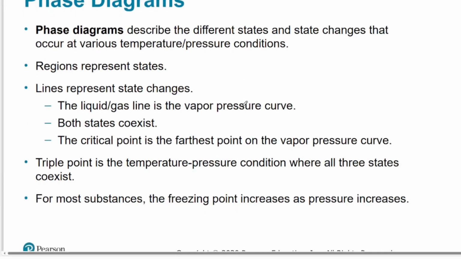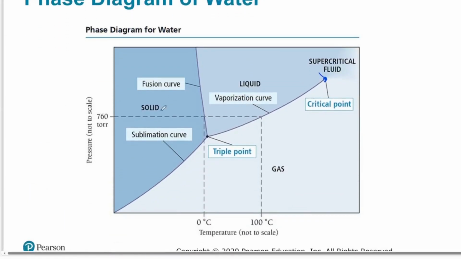Okay, so we can see here the liquid gas line is our vaporization curve. The fusion curve is defined by the line between the solid and the liquid state. And the sublimation curve is defined by the line between the solid and the gas state.